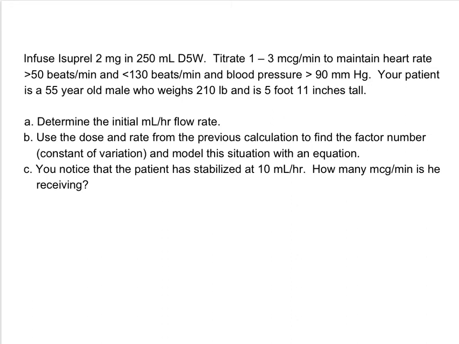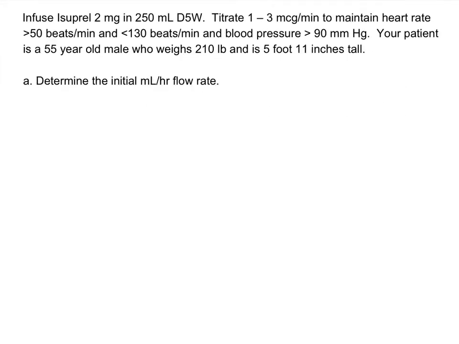So let's jump into the first part, determine the initial milliliter per hour flow rate. Just like we saw with the critical care examples, what we need to do is to administer the initial dose. Now, sometimes we are told specifically, we're given a range of doses, minimum to maximum, and we're also given an order where it says give this amount.